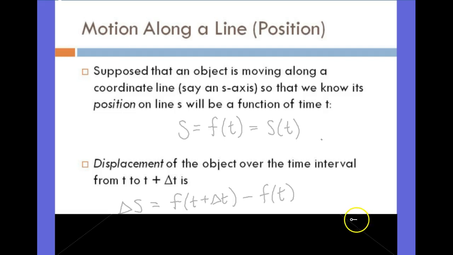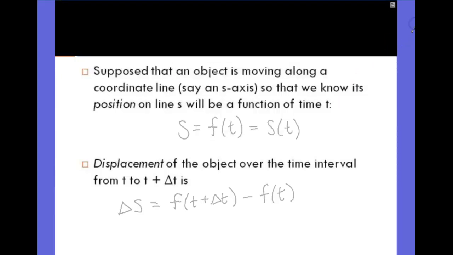Oftentimes when you talk about position, you have it as an s of t function. Displacement of an object over a time interval from t to t plus delta t would be represented by delta s, where it's f of t plus delta t minus f of t. And what you'll notice is that displacement looks an awful lot like the numerator of the difference quotient.